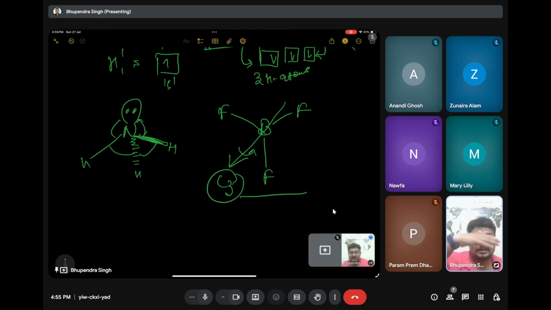But in this case, NH3 is not planar. Rotating it from above, taking this lone pair and the nitrogen atom here, this is your C3 axis.